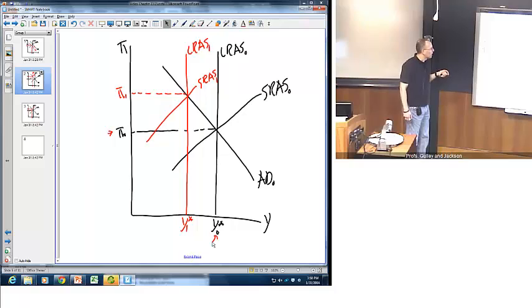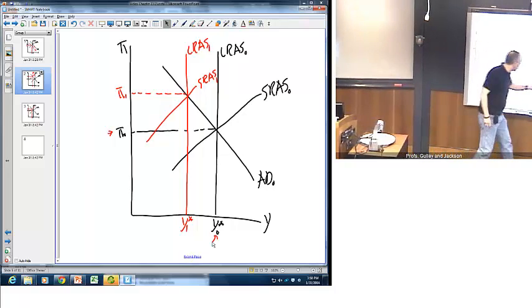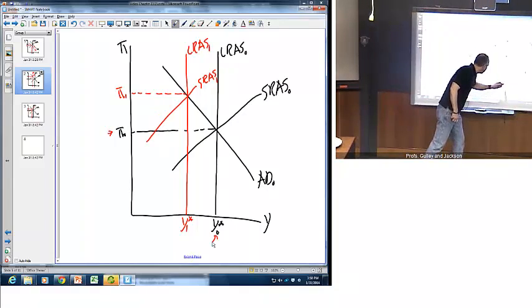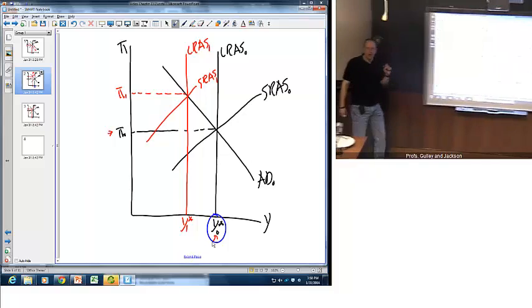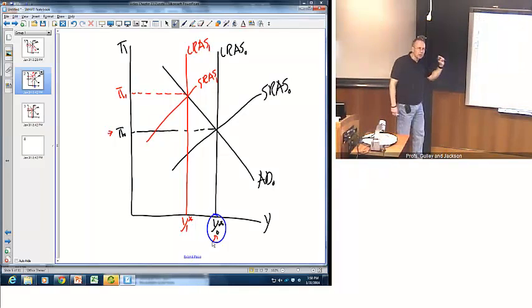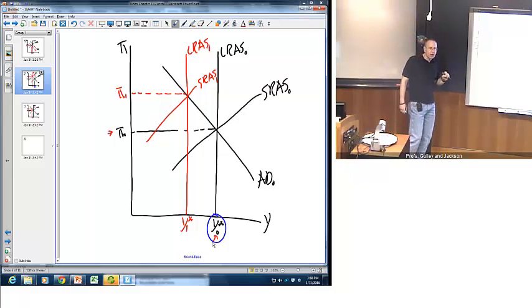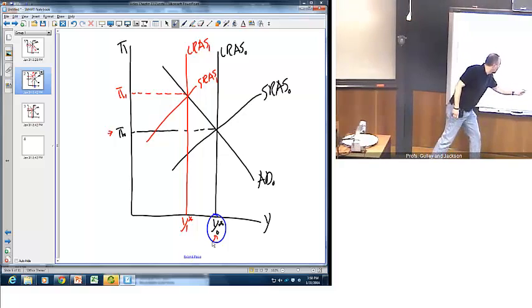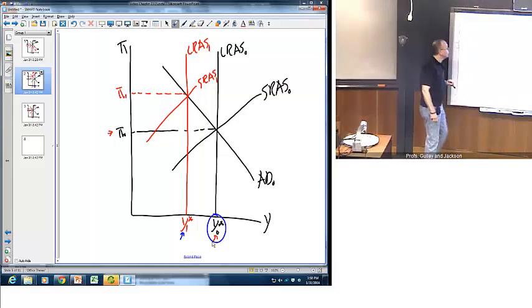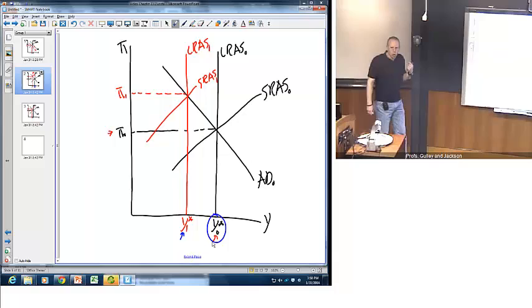The problem, though, and this is the big deal here, is that the Fed can no longer obtain this level of real GDP permanently, because that's now unattainable due to the leftward shift of the long-run supply curve. It's sort of stuck with that new level of GDP, at least in the long run.